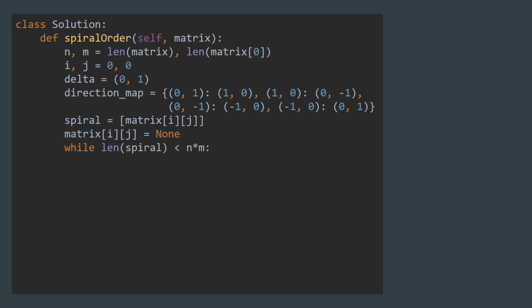Delta i is delta of 0 and delta j is delta of 1. And the new position is i plus delta i, j plus delta j. Here we have two cases. Either the next cell is out of borders or already visited, in which case we should switch the direction, or it's safe and we can go to it, in which case we update i and j and add the value to the traversal array.